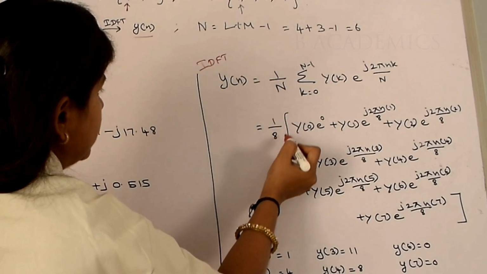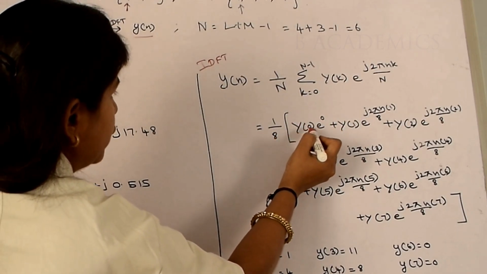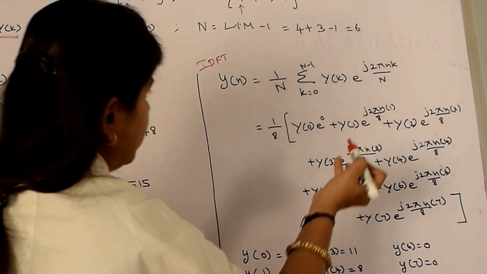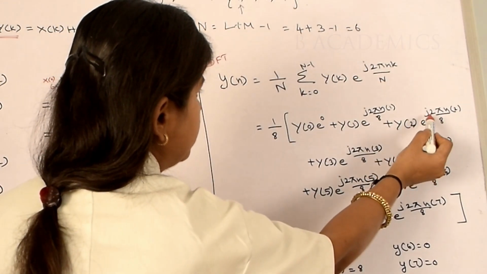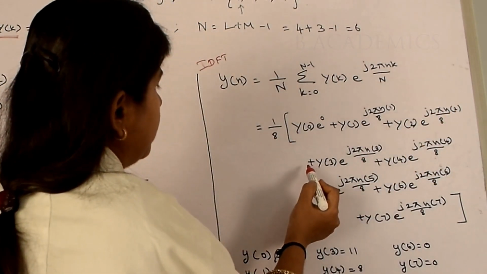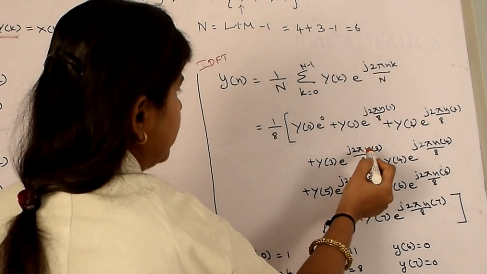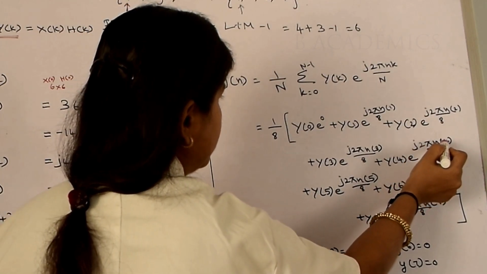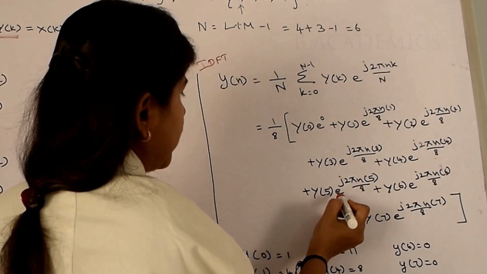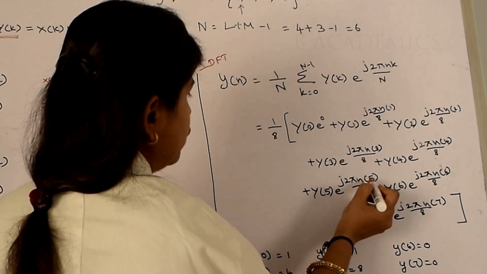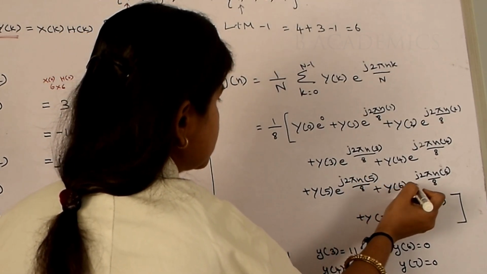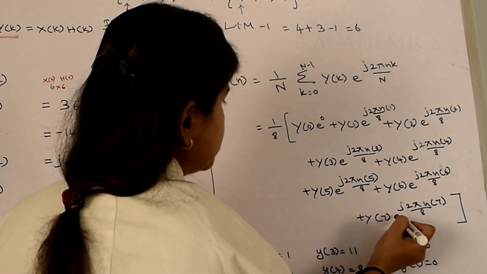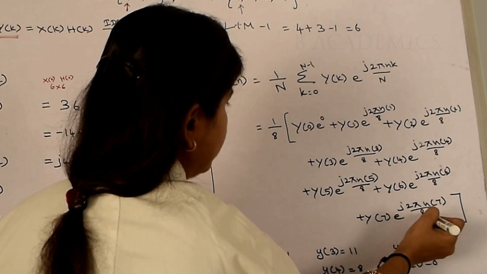So 1 by 8 is common for the expansion: Y of 0 into e power 0 plus Y of 1 into e power j 2 pi n divided by 8 plus Y of 2 into e power j 2 pi n 2 divided by 8 plus Y of 3 e power j 2 pi n 3 divided by 8 plus Y of 4 into e power j 2 pi n into 4 divided by 8 plus Y of 5 into e power j 2 pi n into 5 divided by 8 plus Y of 6 e power j 2 pi n into 6 divided by 8 plus Y of 7 into e power j 2 pi n into 7 divided by 8.